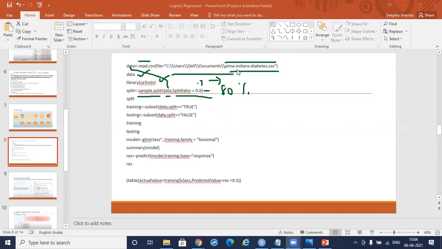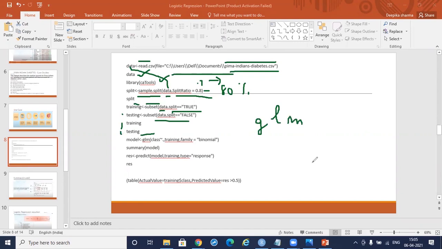And once we have the split of the data, we can use the subset of the split data. Split equal to TRUE means we take one part for the training and the second part for the testing. So we have the training and testing data sets ready. Now how to call the logistic regression? There is a model, the generalized linear model.